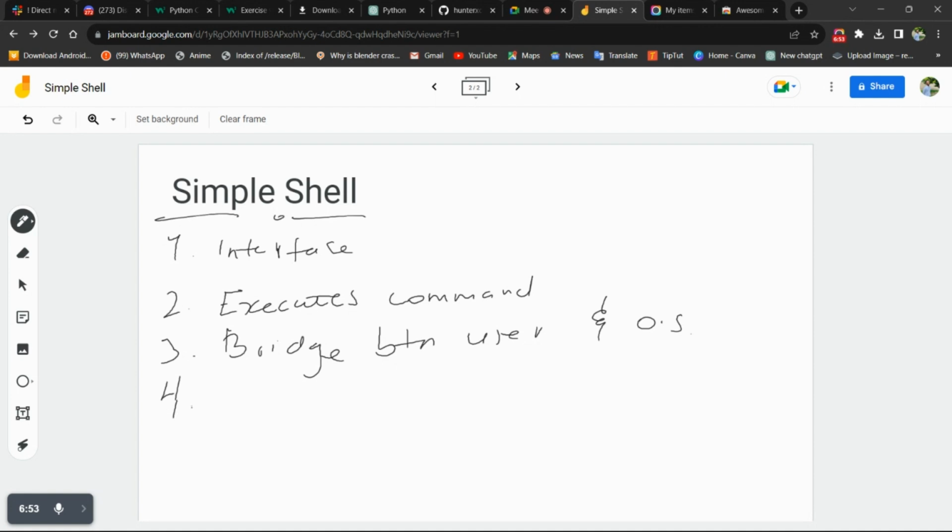So it's a bridge between the user and the operating system. Anything else? Thank you very much. That's a very nice analogy. Anyone else?